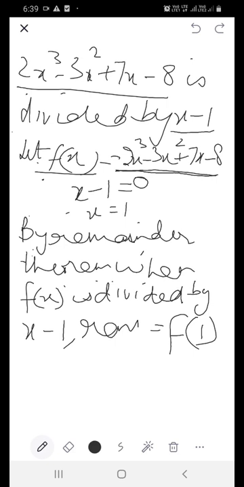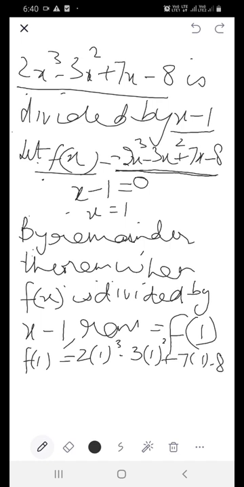Now in your given polynomial, substitute the value of x as 1. So I am writing f(1) is equal to 2 into 1 cube minus 3 into 1 square plus 7 into 1 minus 8.